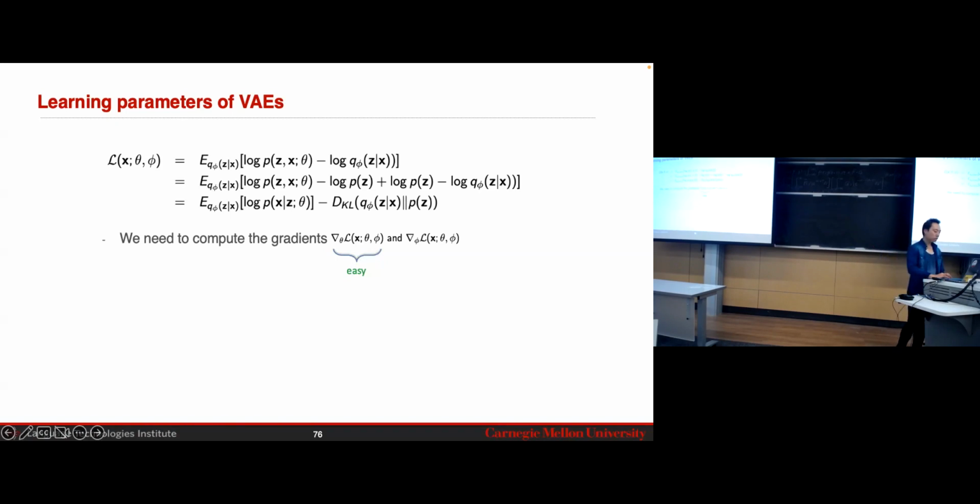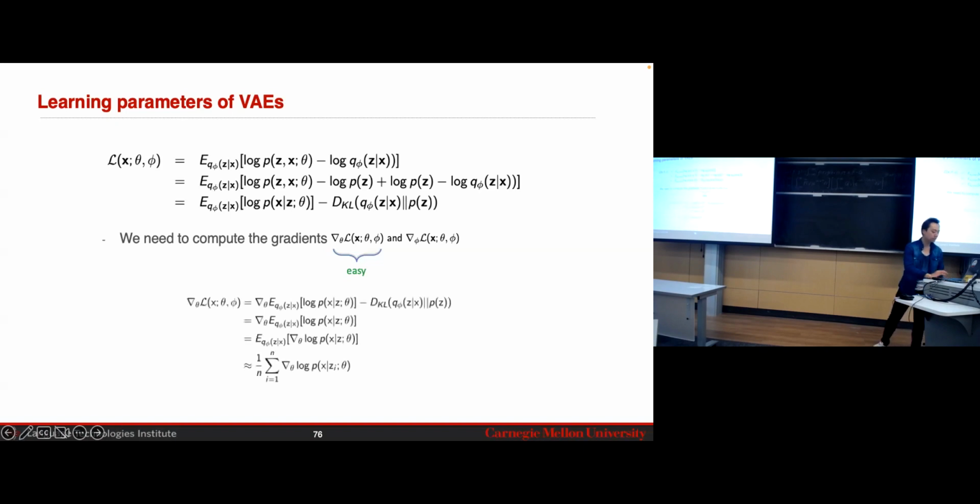So for the encoder parameters, it's relatively easy. The gradient with respect to theta across these two terms: for the KL, it doesn't really depend on theta at all. The KL is just between my decoder and my prior, so this goes away. And my expectation under Q depends on the parameters phi, which is the decoder parameter, and that doesn't depend on the encoder.